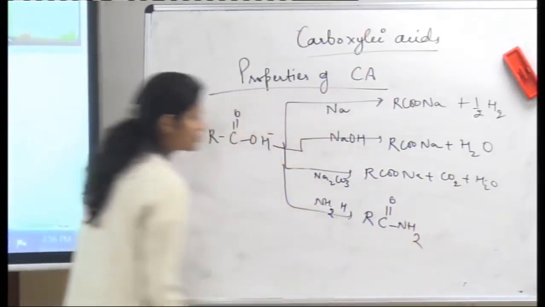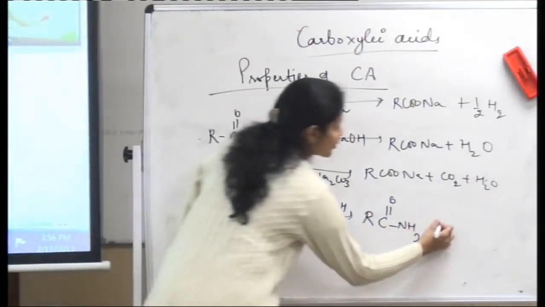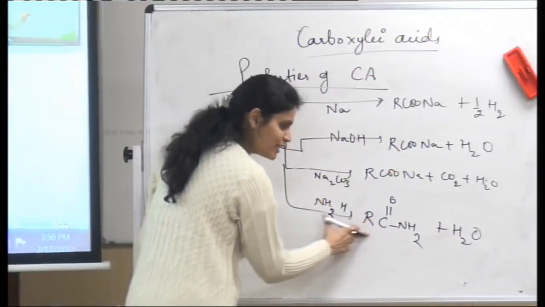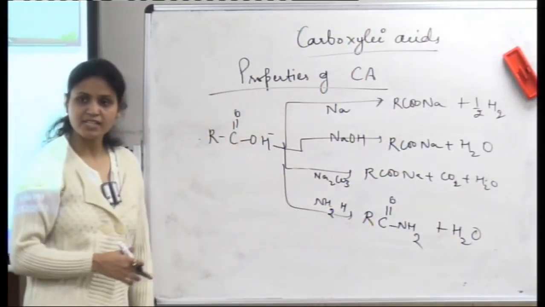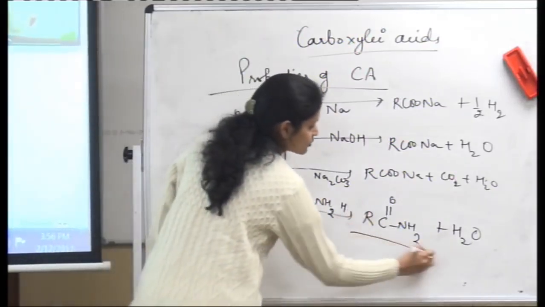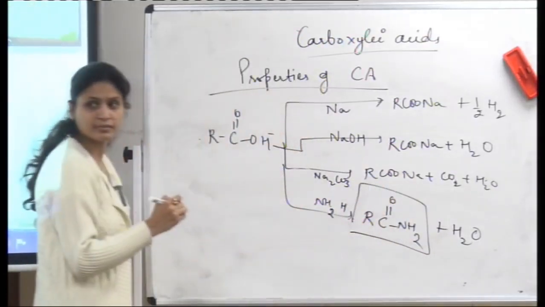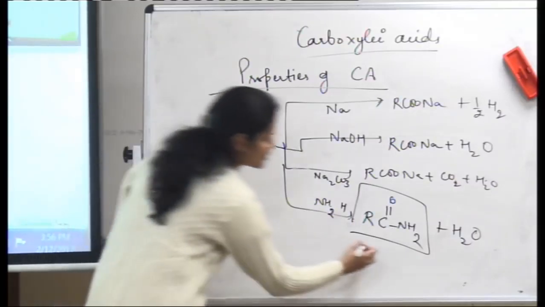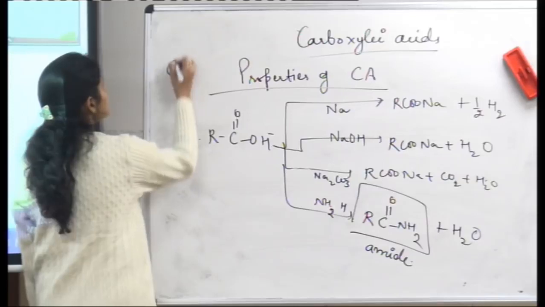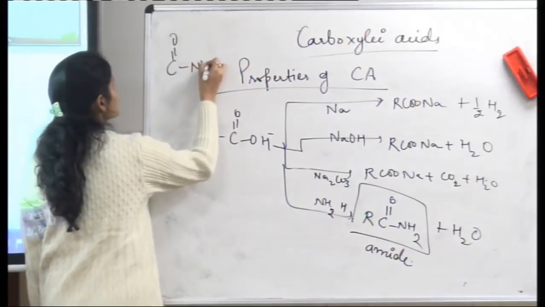RCONH2 and water. So basically I have formed a derivative of acid, what do you call this kind of compound? Amide, right? Amide, having this CONH2 group.